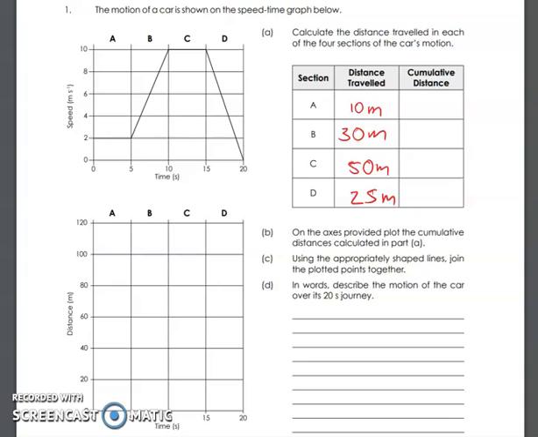Alright, so those were the distances travelled in each section individually. The other thing we need to know is the cumulative distance. So how far have they travelled up to that point? At the end of section A, they've just travelled that 10 meters from section A. At the end of section B, they've travelled that first 10 meters and then an additional 30 meters. So 10 plus 30 gives us 40 meters.